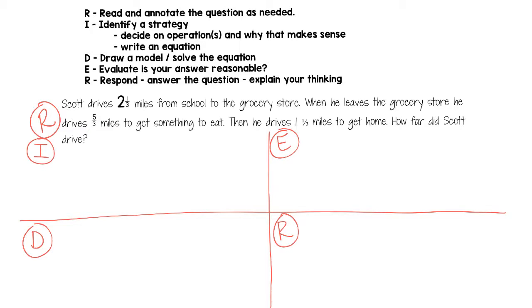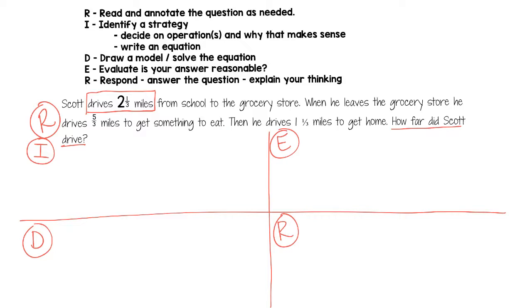Okay, so while you were pausing the video, I had drawn RIDER on my paper so that I have enough room to go through all the steps. As I was reading, the first thing I always say is, okay, what's the question asking? How far did Scott drive? Then I, of course, always circle what's important. So the first thing that he did was he drove 2 1/3 miles from school to the grocery store.